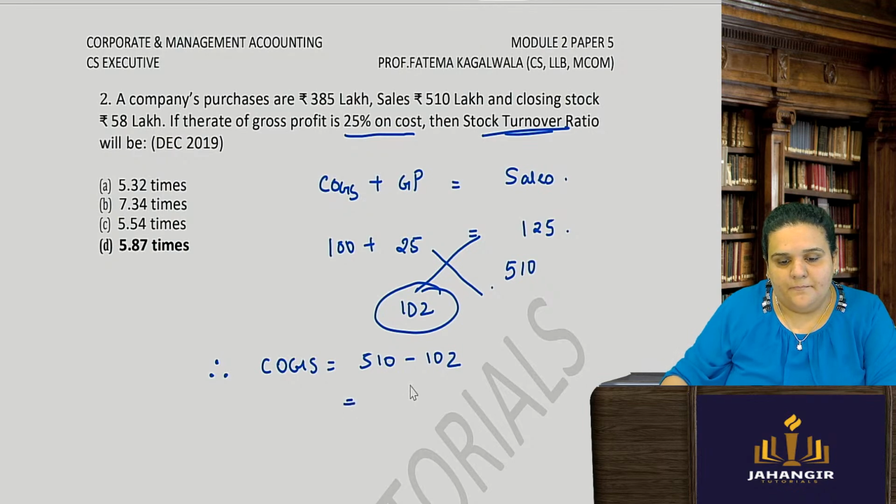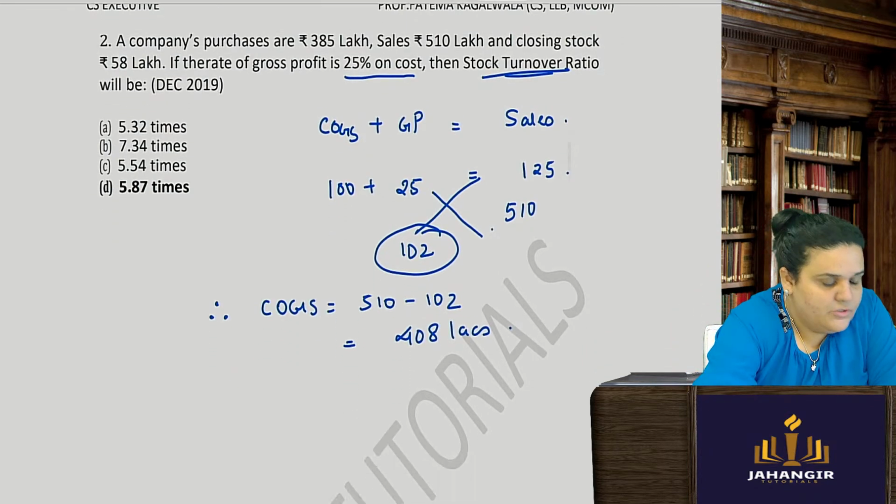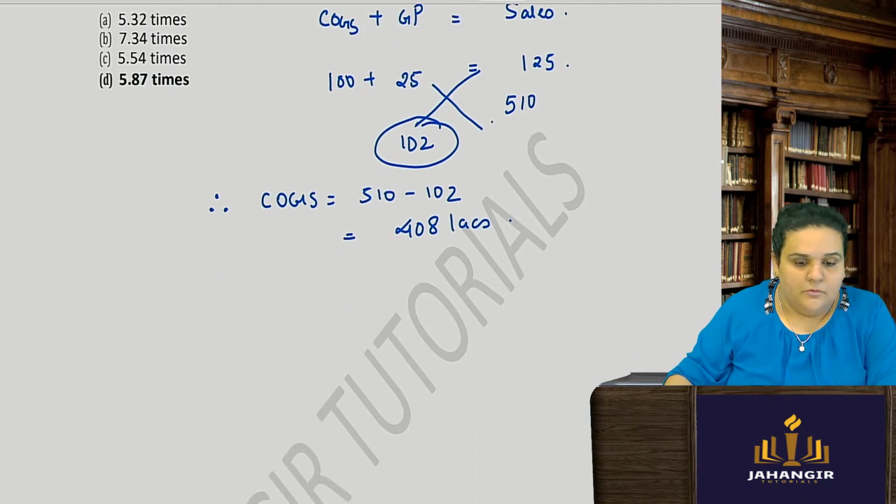408 lakhs. So I have my sales, I have my cost of goods sold also. Now COGS, and I also have my purchases.